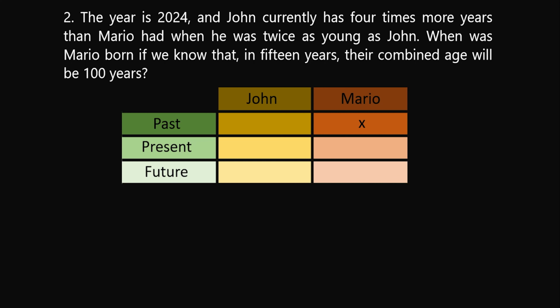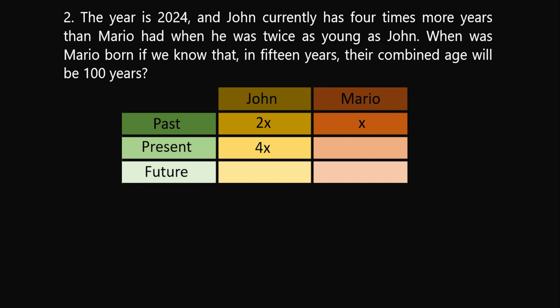Since John currently has 4 times more years than Mario had, this means that right now in the present, John has 4x in years. The second part of the sentence indicates that Mario was twice younger than John in the past, so that means that in the past John had 2x in years.